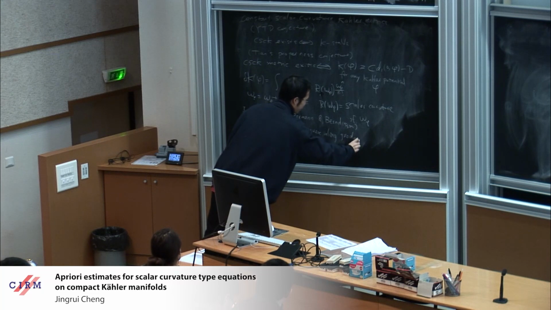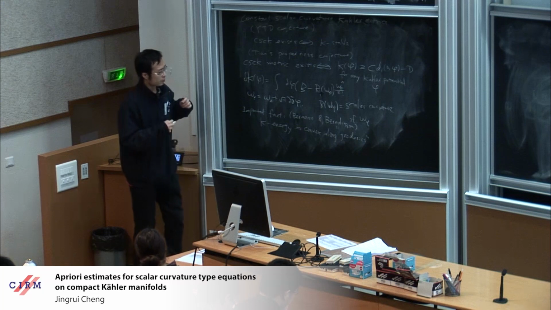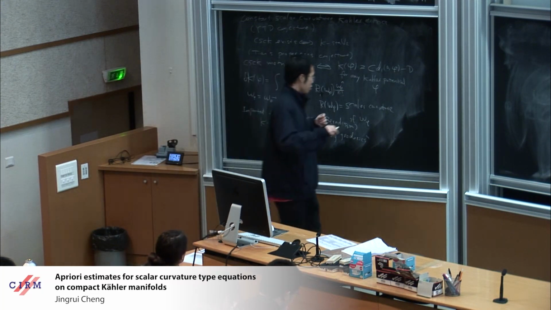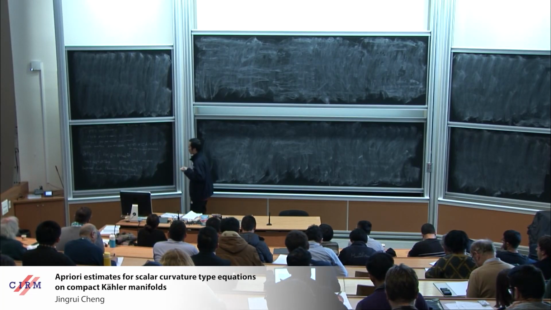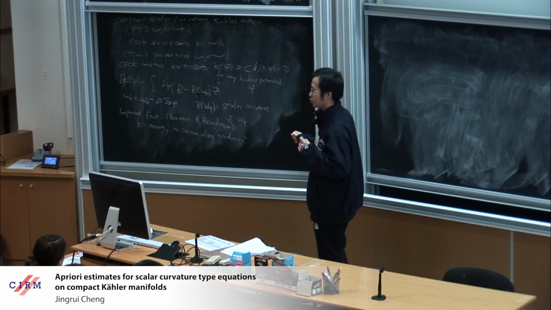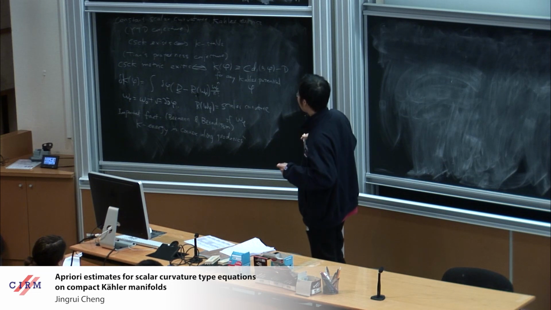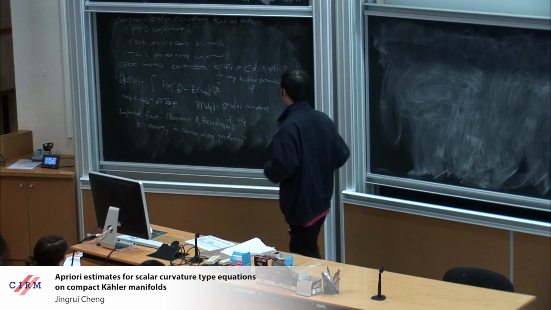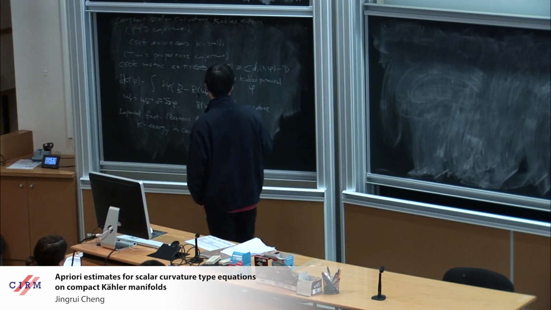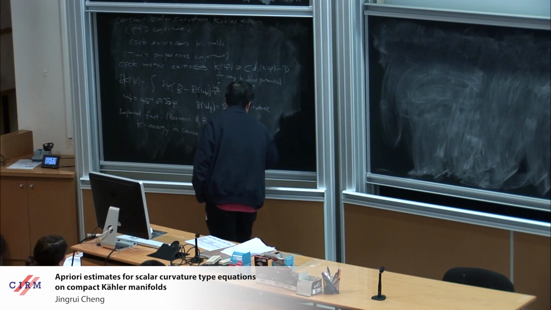I didn't explain what geodesics are. In the space of Kähler potentials in a given class, you can define geodesics between two potentials, and this result says that the K-energy is convex along such geodesics.